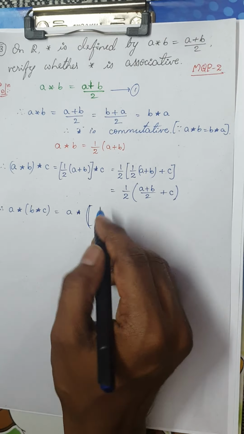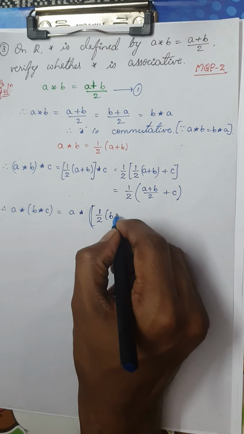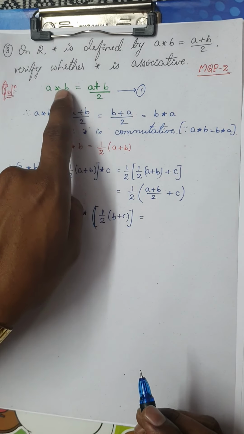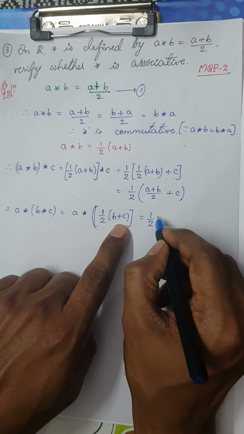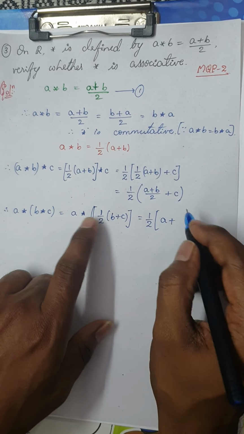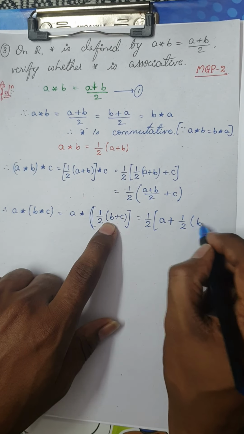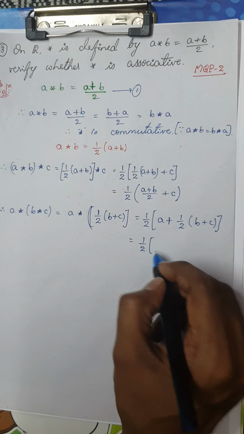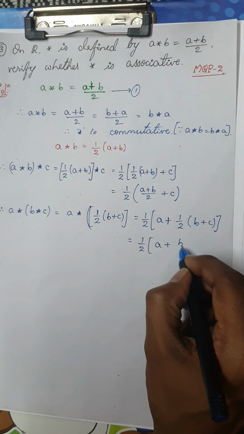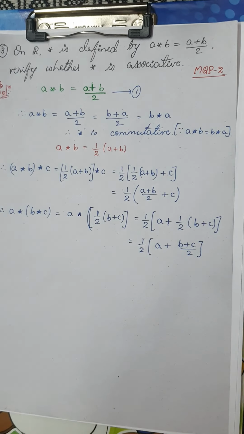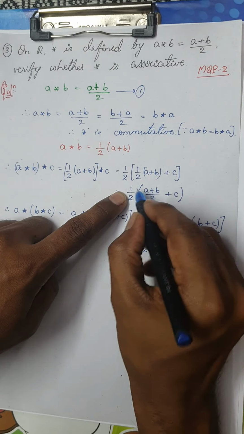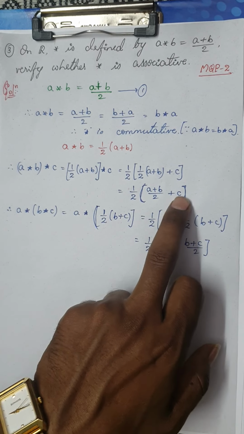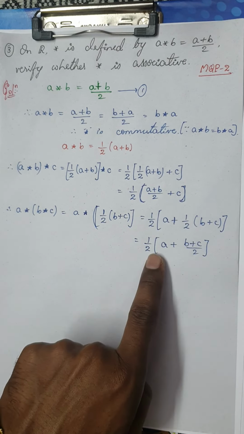B star C is nothing but half of B plus C. Now star between first element and second element is half of first element, A, plus second element, half of B plus C. So this is nothing but half of A plus B plus C divided by 2. I have half which is common, no problem, but here it is A by 2, B by 2 plus C, but here I have A plus B by 2 plus C by 2.